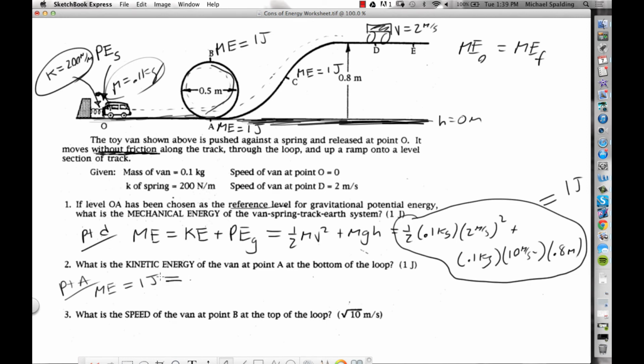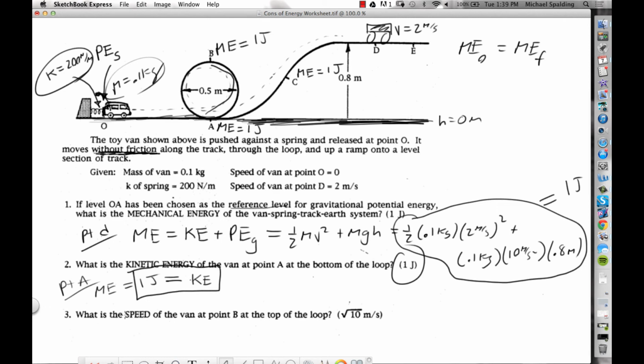What's the only energy it has at A? It's only kinetic, right? Why is there no potential at point A? Because it's on the 0 point. So the kinetic at point A is 1 joule. That's the answer. You get it?